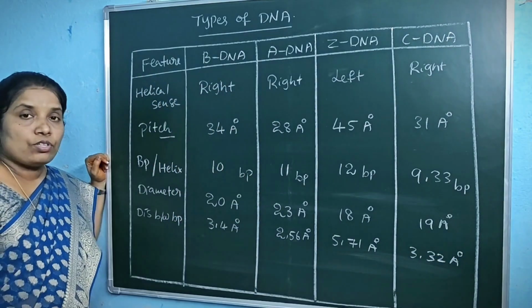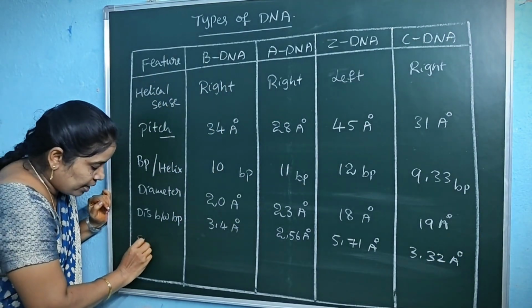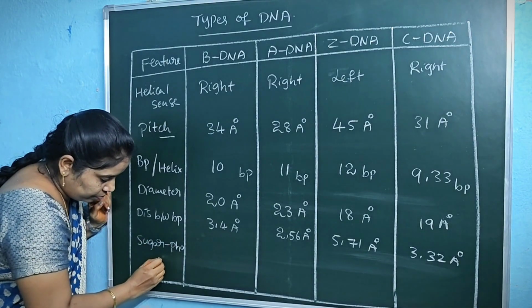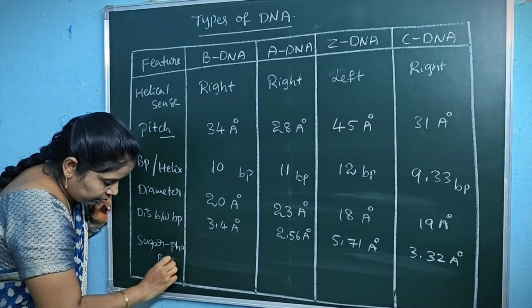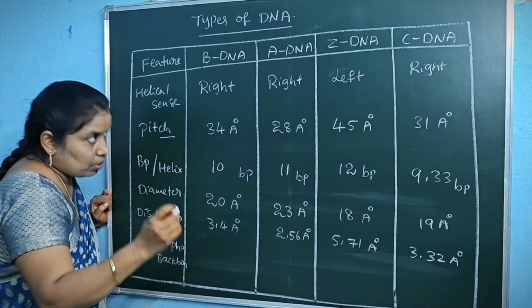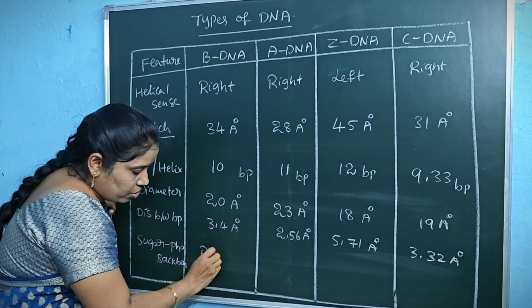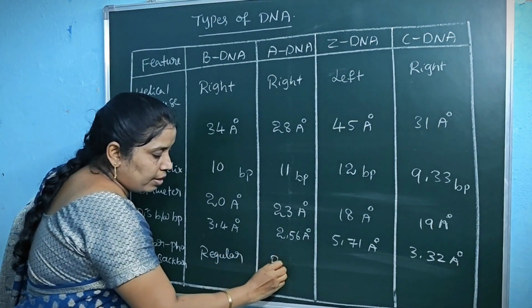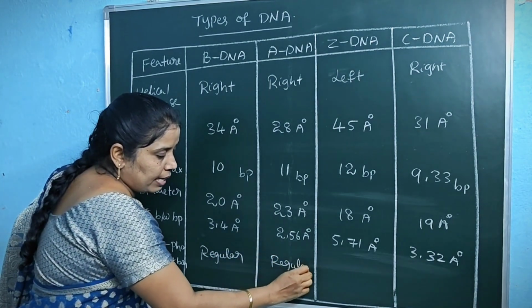Okay, so let's see the arrangement of the sugar phosphate backbone. They are regularly arranged in B-DNA. Here also a regular arrangement is observed in A-DNA.